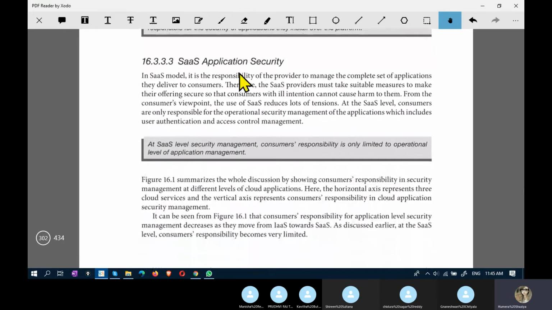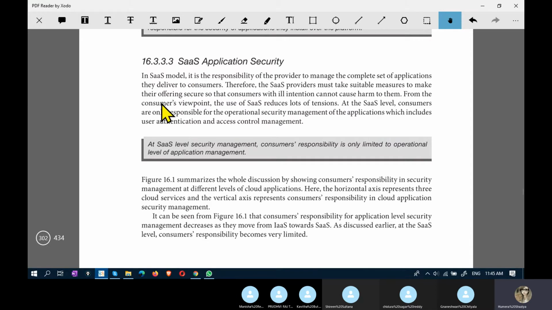SaaS application security. In the SaaS model, everything is available on the cloud. The user accesses an application that has already been deployed.